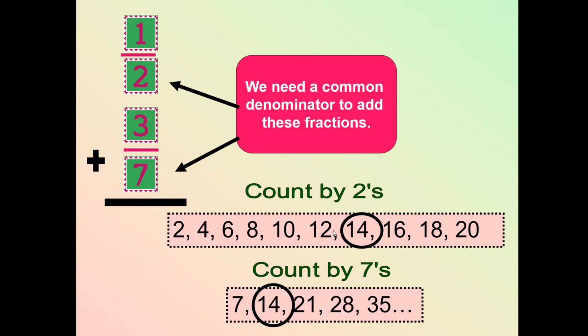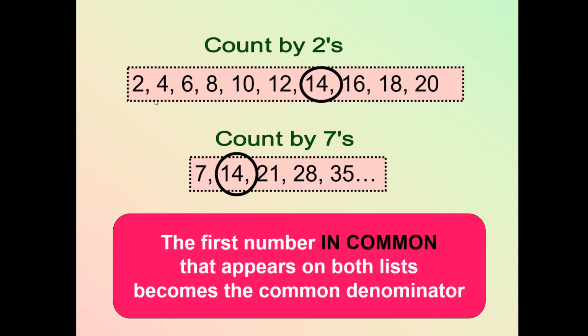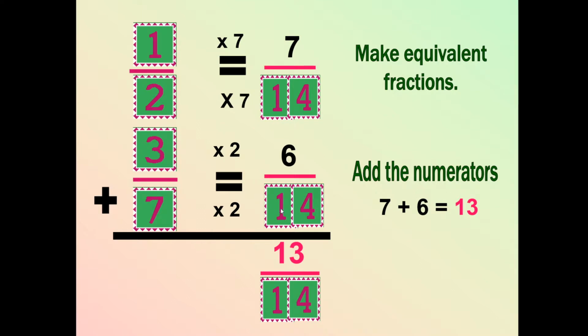So 14 is present in both lists, which means our common denominator is 14. The first number in common that appears on both lists becomes the common denominator. So we just have to change our denominator to 14.